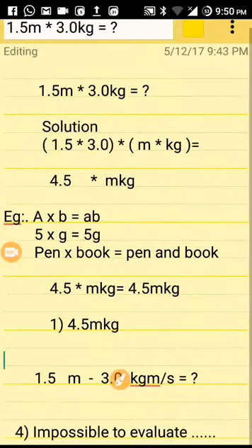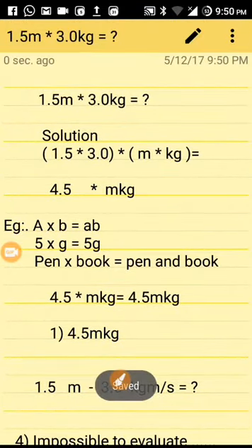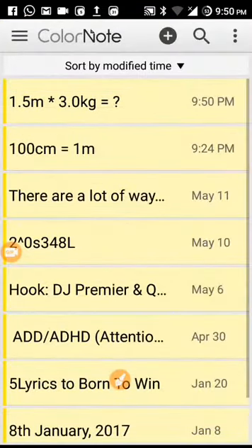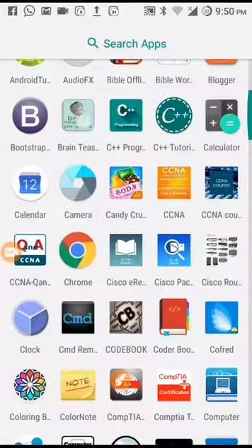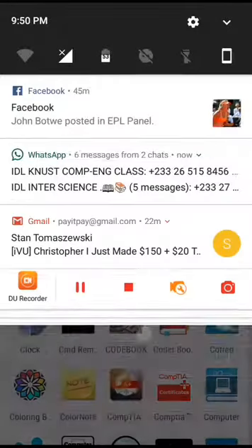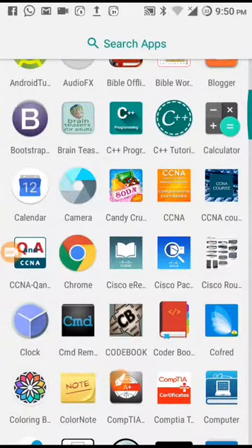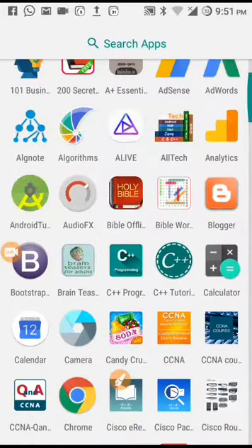Okay, so let's see. Let's multiply the 1.5 times the 3.0 and see what you're going to get. I want us all to get involved, so you can try that on your phone and see how best you can solve it. Let me clear what I have here.